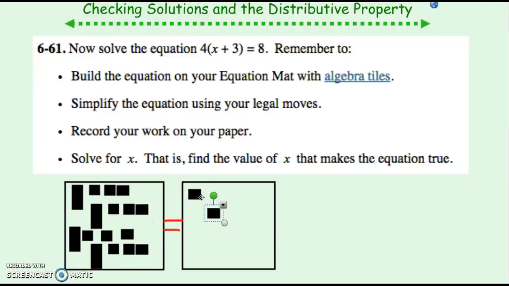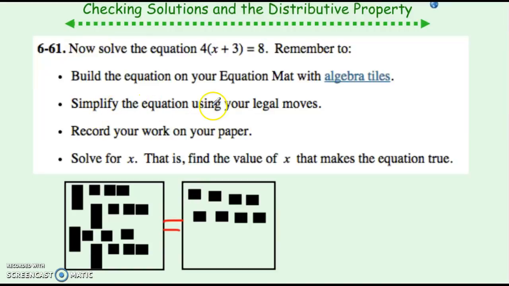So on the right side, you have to have 8 tiles. All right, so once yours looks like mine, if you need to pause for a second, feel free so that you can get all of those drawn. If not, I will keep working on this.